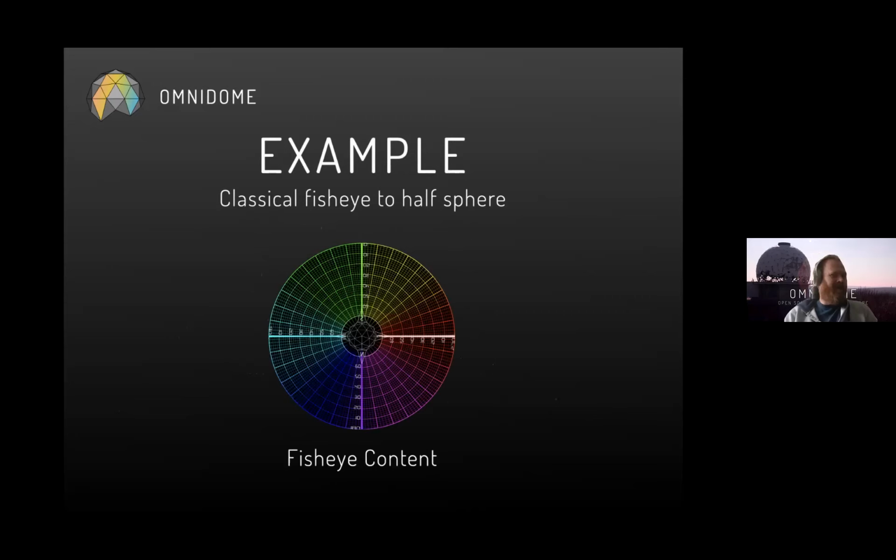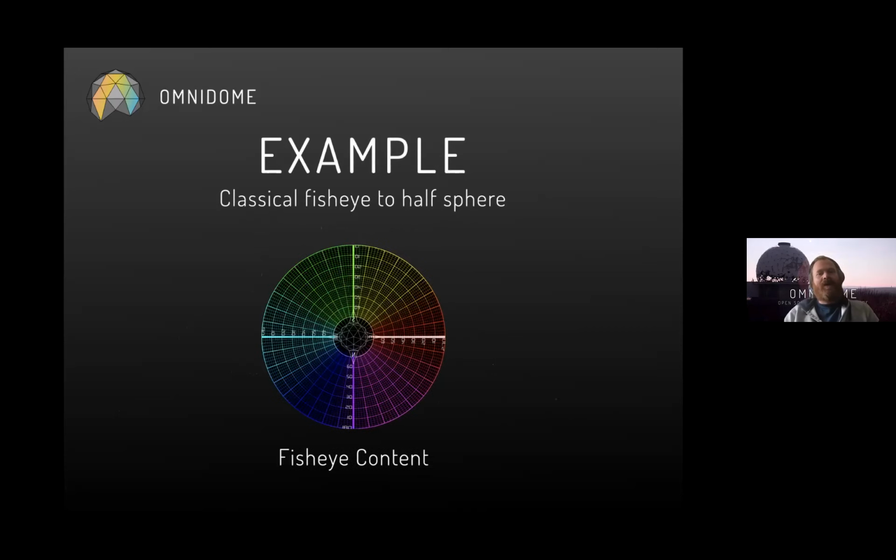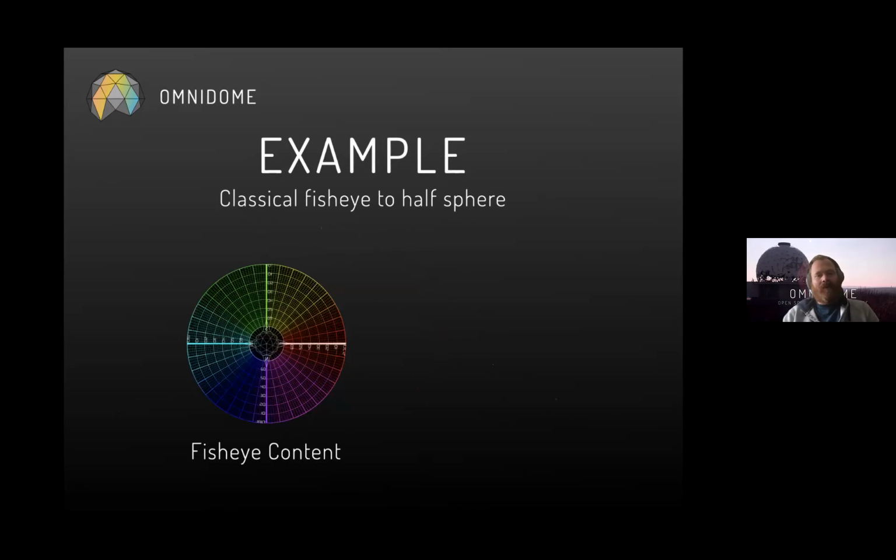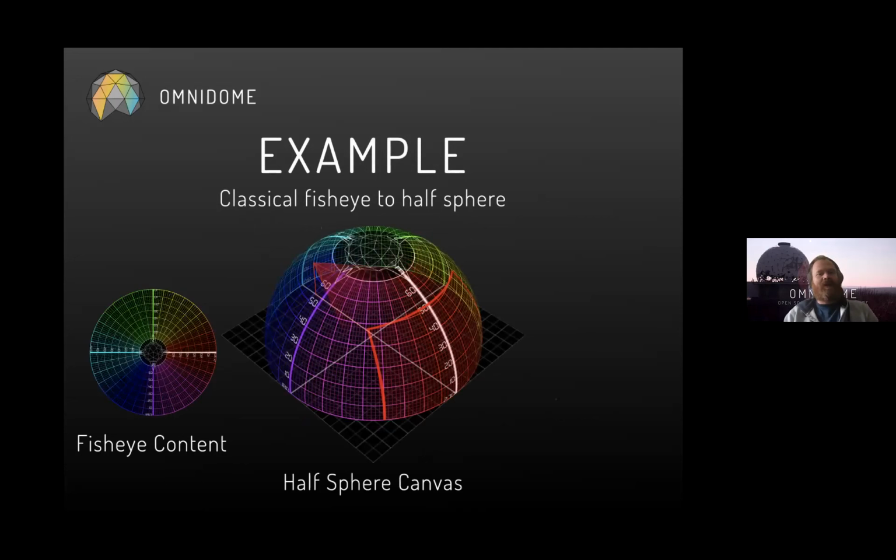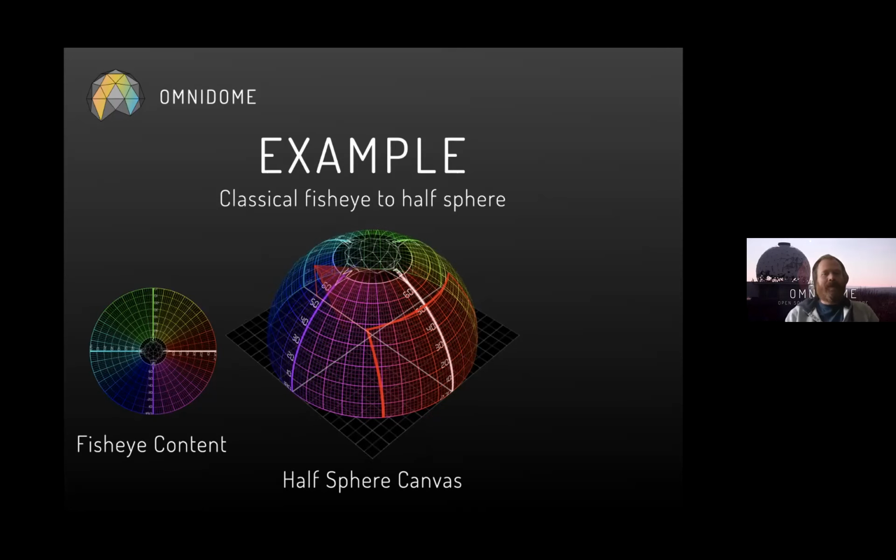Sometimes it's called dome master content, but it's just fisheye content, and you map that across a canvas. So you actually stretch this fisheye image down across a half sphere, and then of course when you stand in the center of that sphere, everything is corrected so that it looks realistic. It looks immersive in that sense that you are inside that environment.